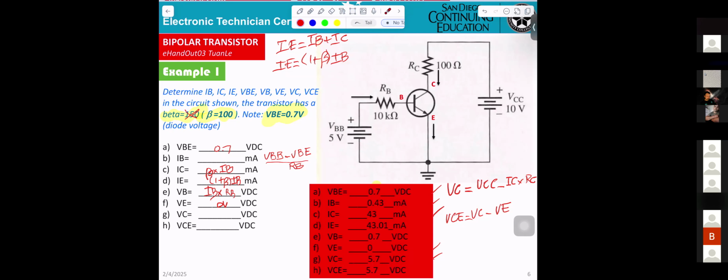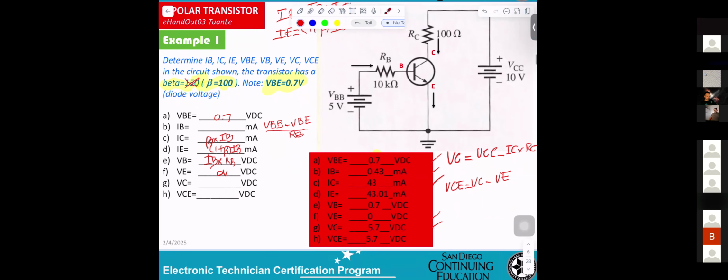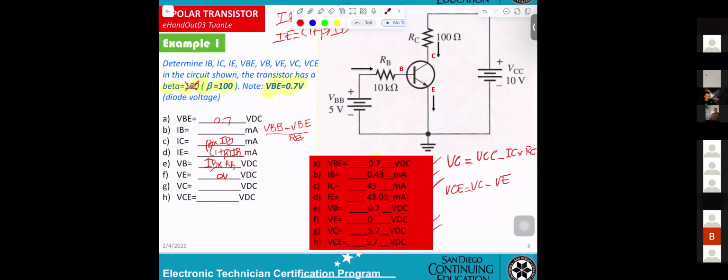That's what they don't want. It costs more money. However, we just try to bring it up for you so you get an idea about how we calculate the currents IB, IC, IE, and VB, VC, VE, or VCE. If you get a question, go ahead and ask it.